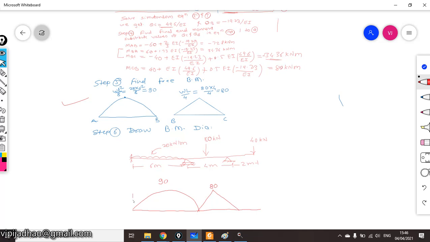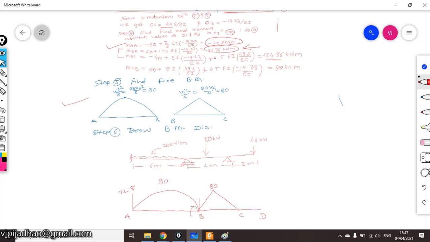And the final fixed end moment diagram, or final bending moment diagram, will be something like this. We have calculated MAB. You can see here MAB is minus 72.8 kilonewton meter, therefore we have to draw it on the anti-clockwise face. Again the fixed end moment here at support B, this is A, this is B, C and D, is plus 34.36.